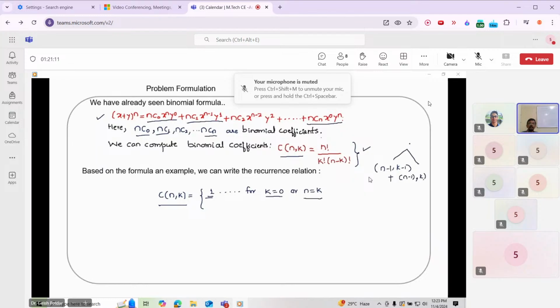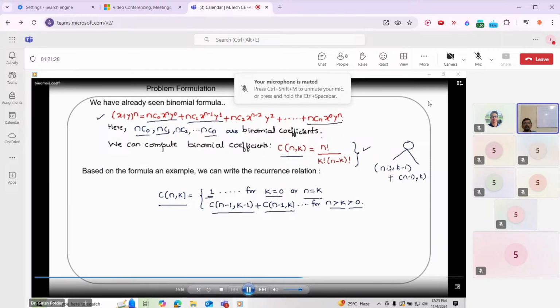And these were giving you the intermediate nodes. In the previous slide, we had seen that. So therefore, for n greater than k greater than 0, what will happen? It will become C of n minus 1, k minus 1, plus C of n minus 1, k. Okay. So this is the recurrence relation for binomial formula.